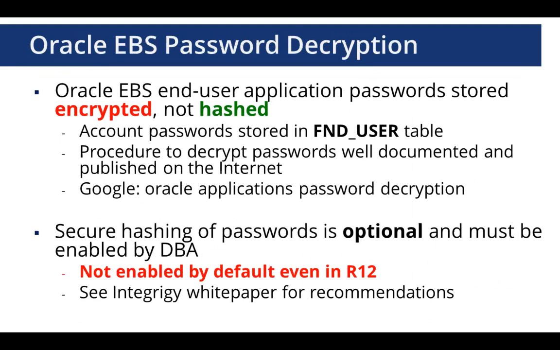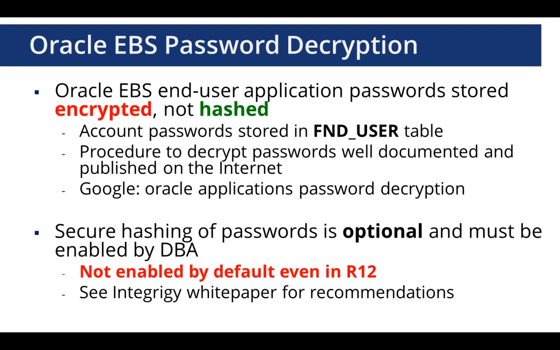We'll do one more before I jump into the steps that you have to do. Another example of something a little bit more cryptic, and I use that as a pun, not as readily known to most people, is the password decryption. When you get an Oracle E-Business Suite environment, it's storing all the application users' passwords in the FND user table.